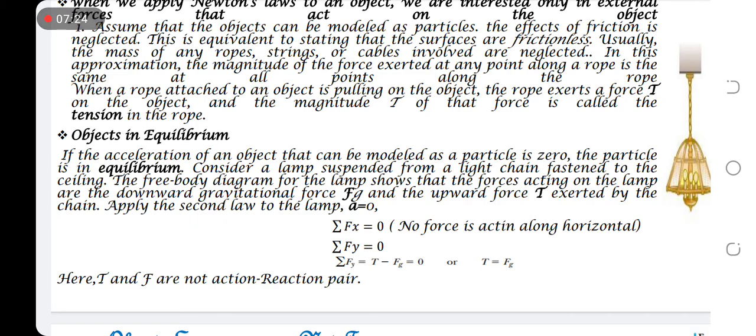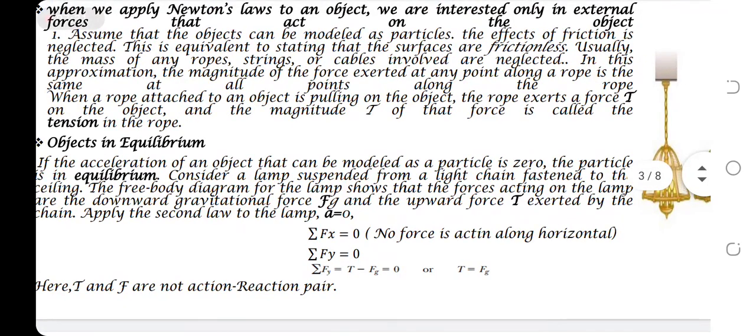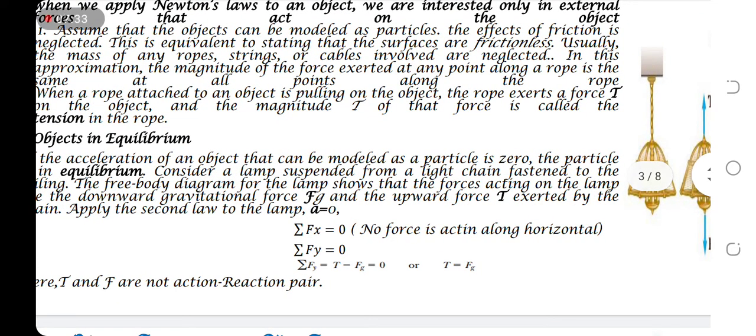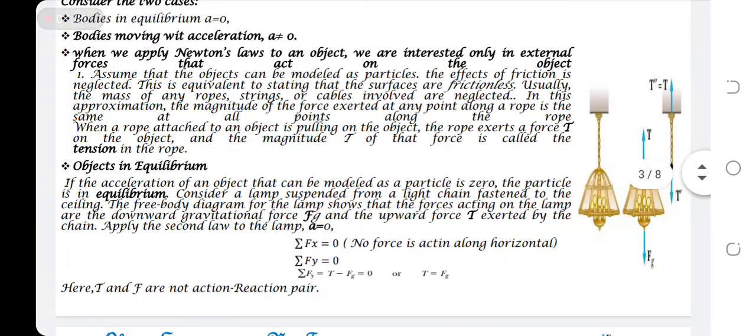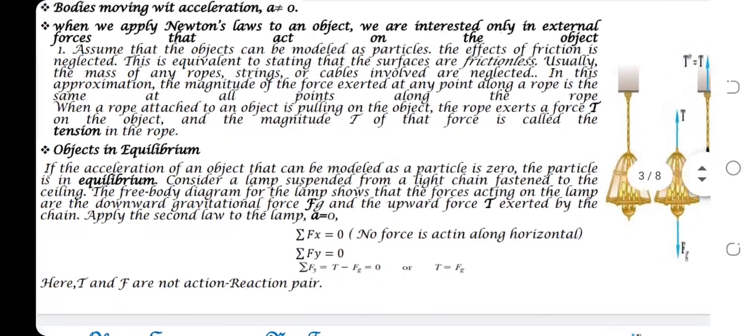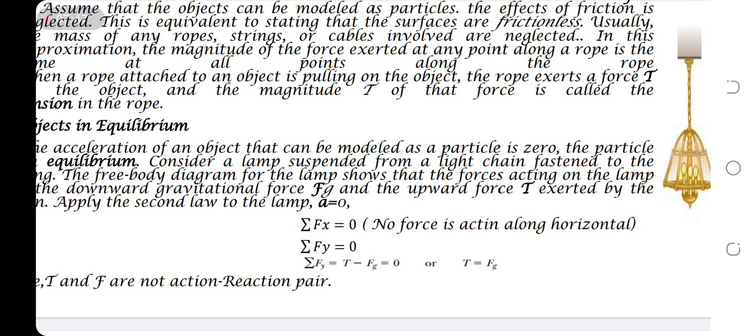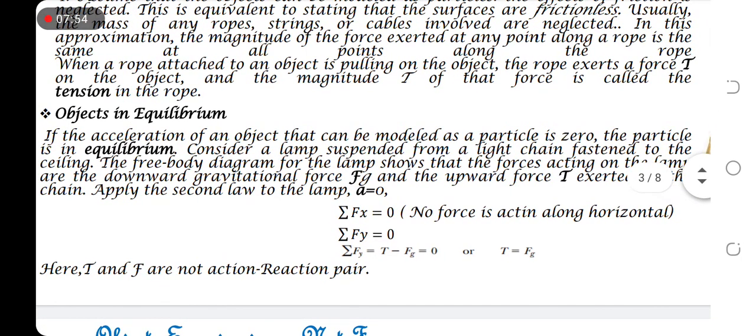Consider a lamp suspended from a light chain fastened to the ceiling. The free body diagram for the lamp shows that the forces acting on the lamp are the downward gravitational force Fg and the upward tension force T exerted on the lamp by the chain.